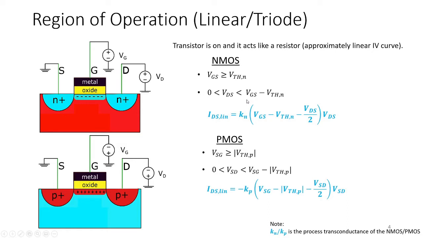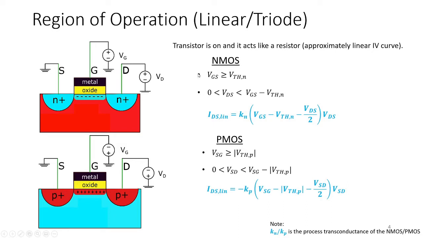From the first module, we remember that VGS minus VTHN is defined to be VDSAT, the saturation voltage. For the PMOS, everything is reversed, because the PMOS requires a negative voltage, so it will only become positive if the terminals are reversed. So this is this region.